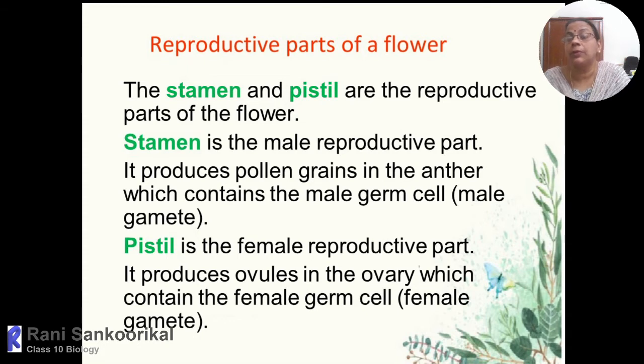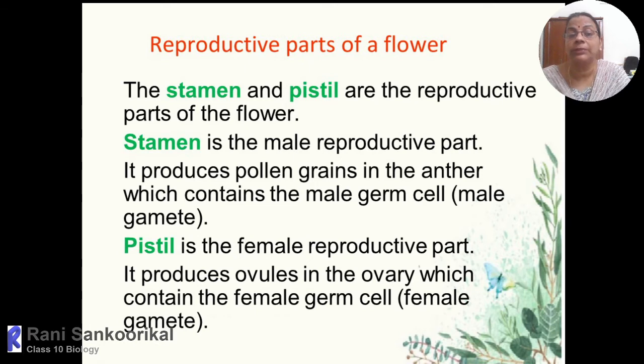Inside the pollen tube, it will carry two male gametes. This male gamete will slowly move and enter into the ovary. There it will enter into the ovule, and one of the male gametes will combine with the egg.